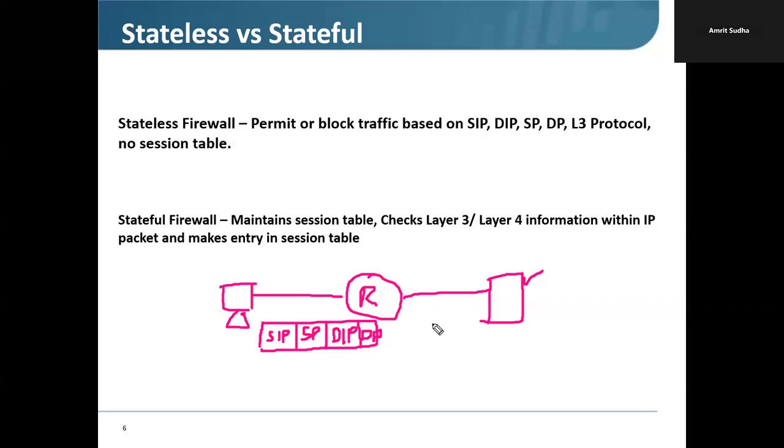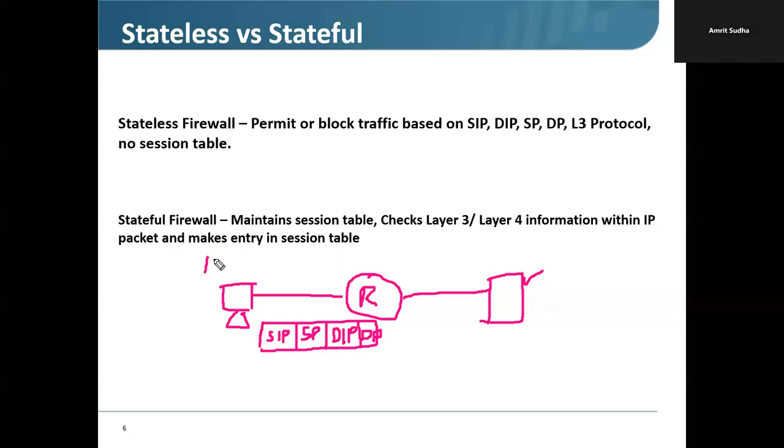Suppose the source IP address is, for example, 10.1.1.10, and the source port is randomly assigned, as we discussed yesterday, 3050. This is the random port.